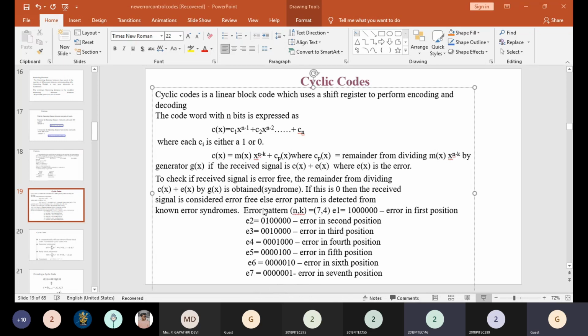So if you want to encode a cyclic code, c of x is the multiplication of the message polynomial and the generator polynomial. So c is c_0 up to c suffix n minus 1.